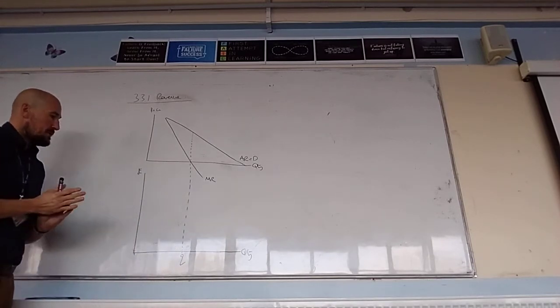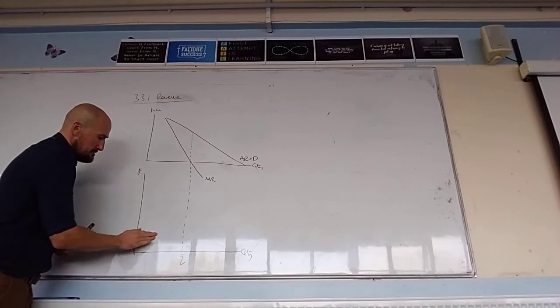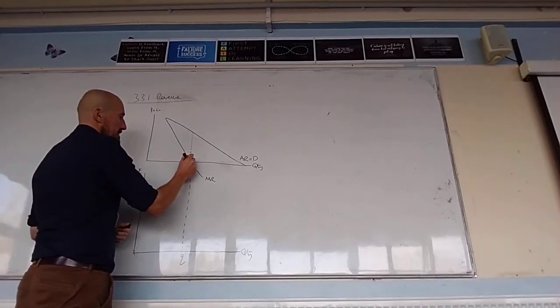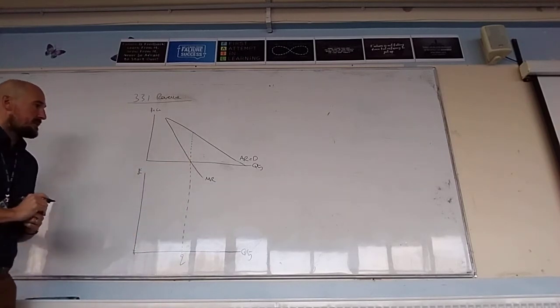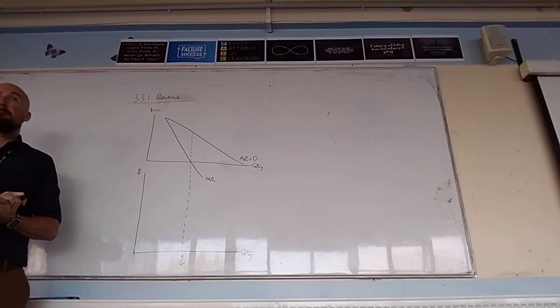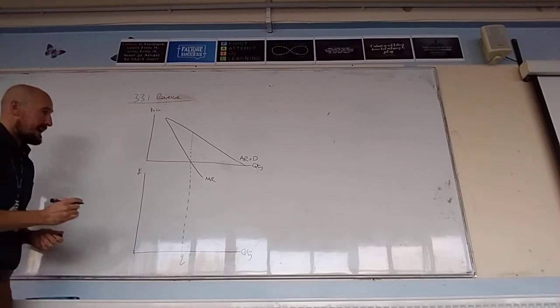So, going back to what you told me earlier, we said that at this point here, when the marginal revenue intersects, that's where revenue is going to be what? Maximised, at its highest.